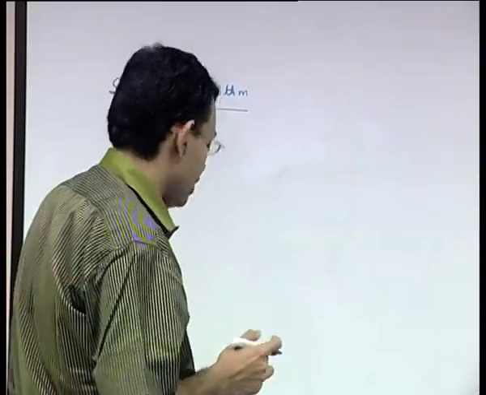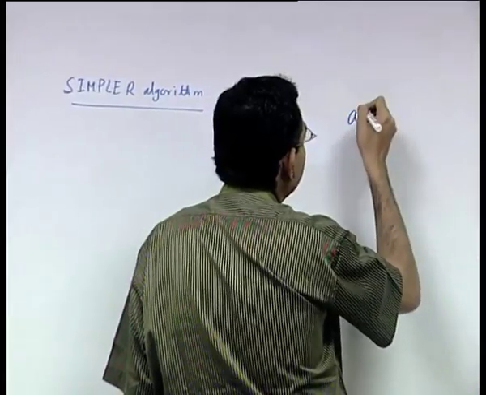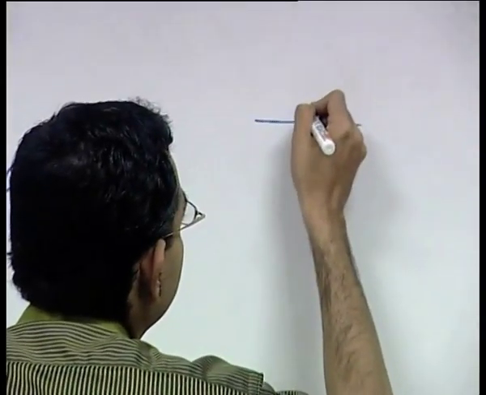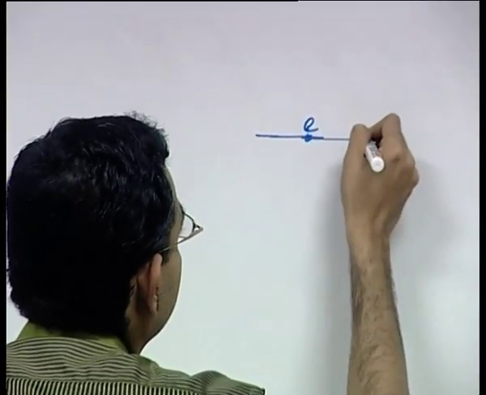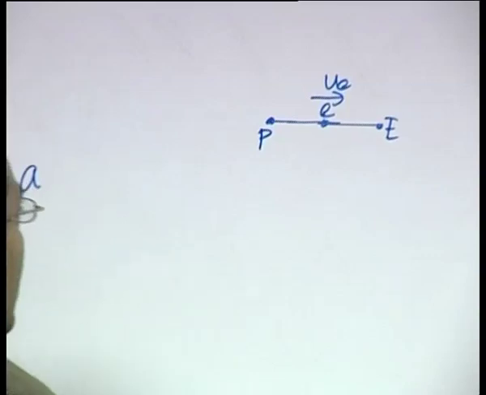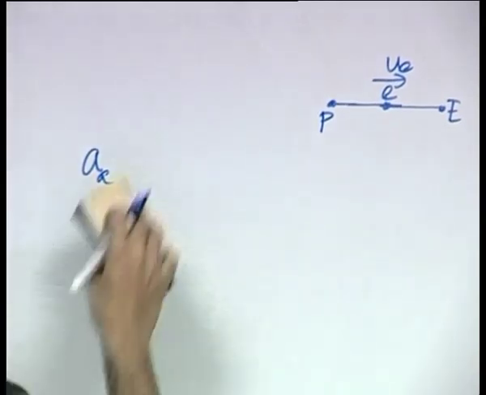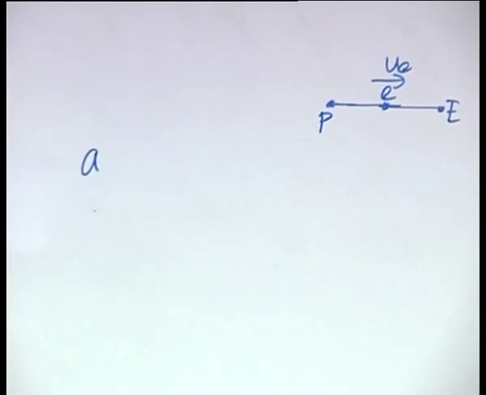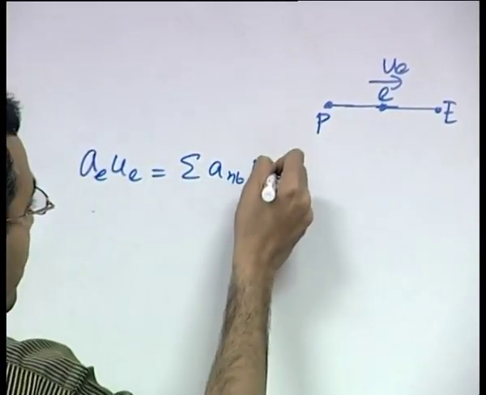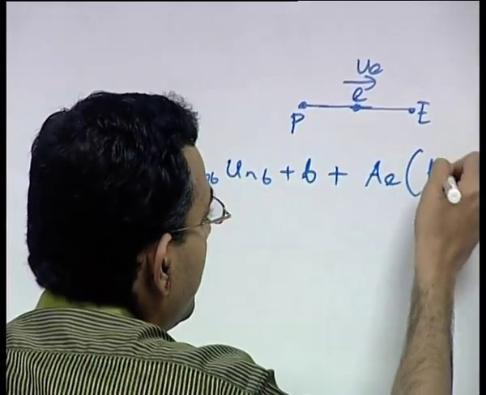So how does it do it? If you recall the momentum equation, if you consider the grid points like this, AE UE is equal to sigma ANB UNB plus B plus AE into PP minus PE.